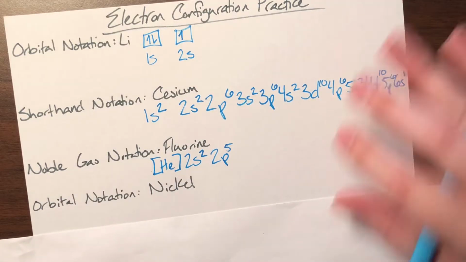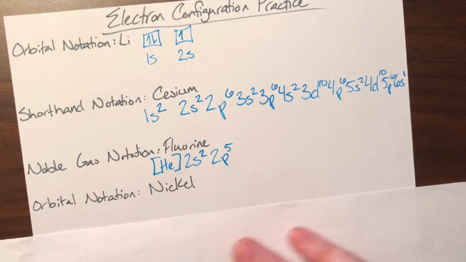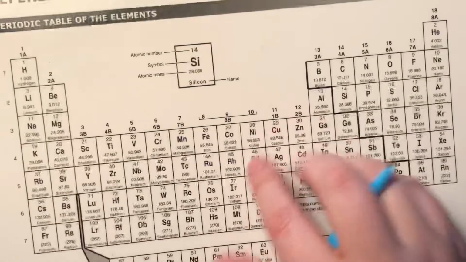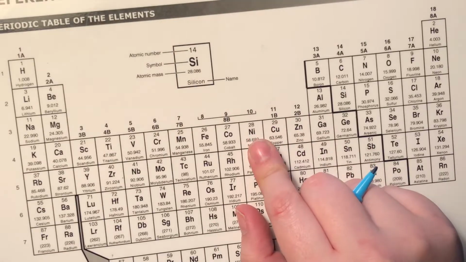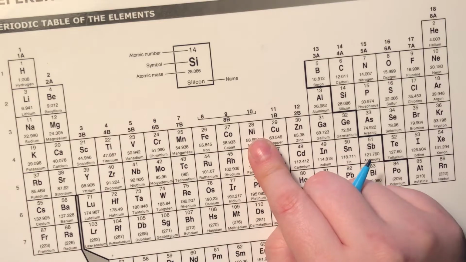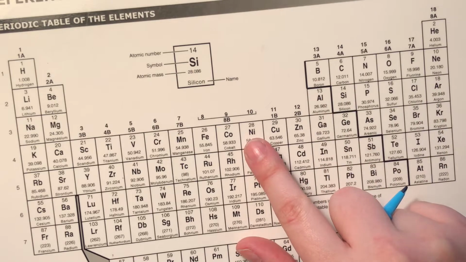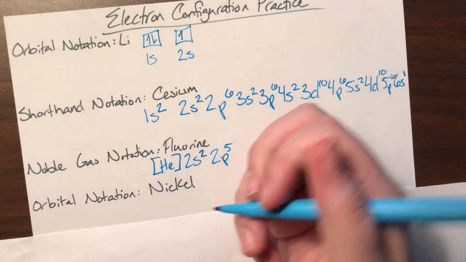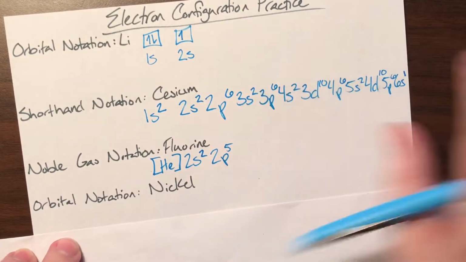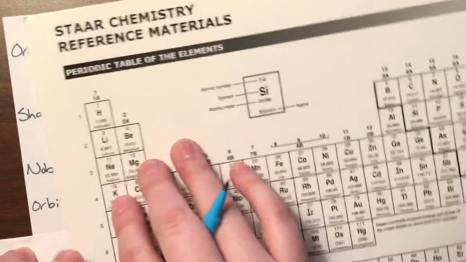Next, I'm going to have orbital notation for nickel. So nickel is going to be right here. It is going to be element number 28. So I need to stretch out my hand and get ready for a longer one, as orbital notation is where I have to actually draw those electrons. I'm going to start with my first and my second electron.